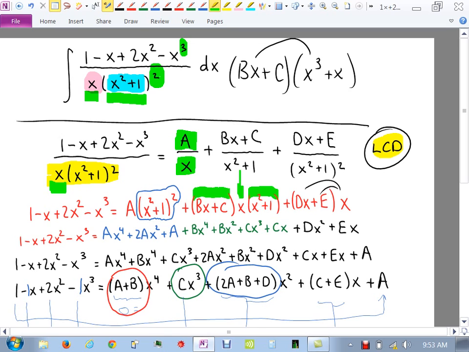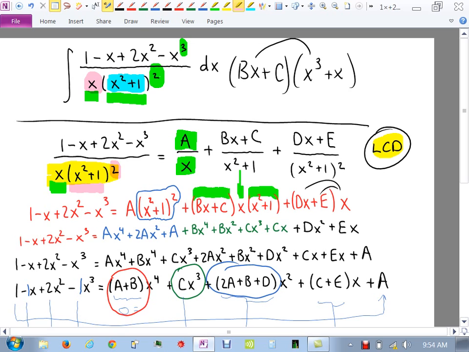And then this was the new thing that we learned in class. It was that if you have a quadratic factor, which is this, that is not factorable, so we cannot factor x squared plus 1, and it's repeated, then here's what we do.